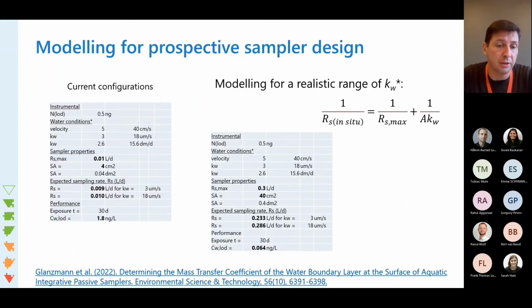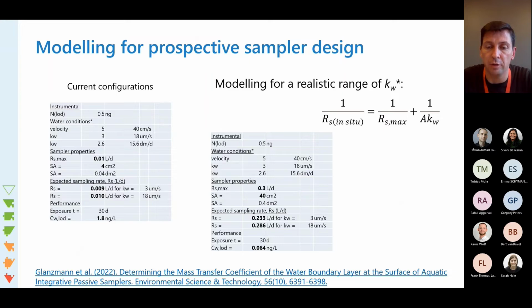If we want to try to decrease our limit of detection by at least an order of magnitude, still sampling 30 days, we see that by increasing the surface area to 40 centimeters, and with an RS max of 0.3 liters per day, for a very stagnant deployment we could have a sampling rate of 0.23.